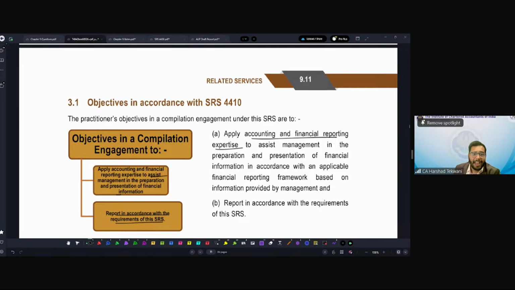The way we had terms of engagement over there, the terms of engagement will be here also. The way we had minimum requirements with respect to performance and reporting, in the same way we will have minimum requirements here, and we will go through that. So first, let's focus on the ethical requirements.